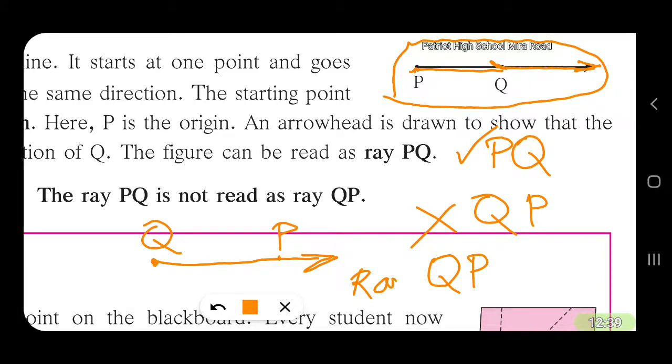Ray QP. But here Q will be the source of light. And further down P, you will be having the arrowhead. So the ray is traveling from source Q to P and further. Then you can call it as ray QP.